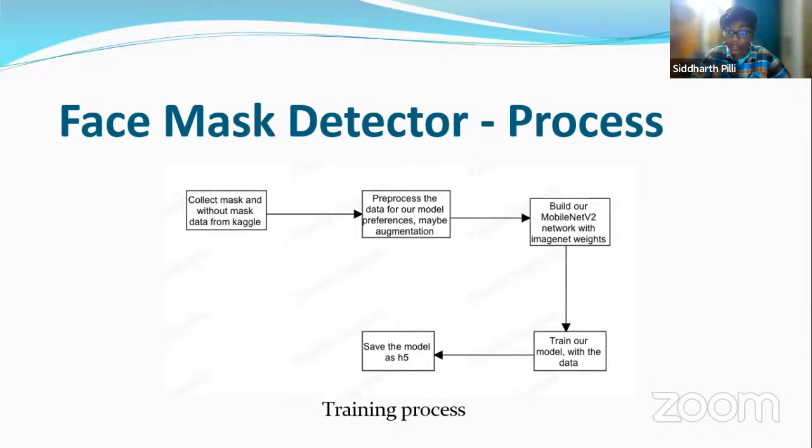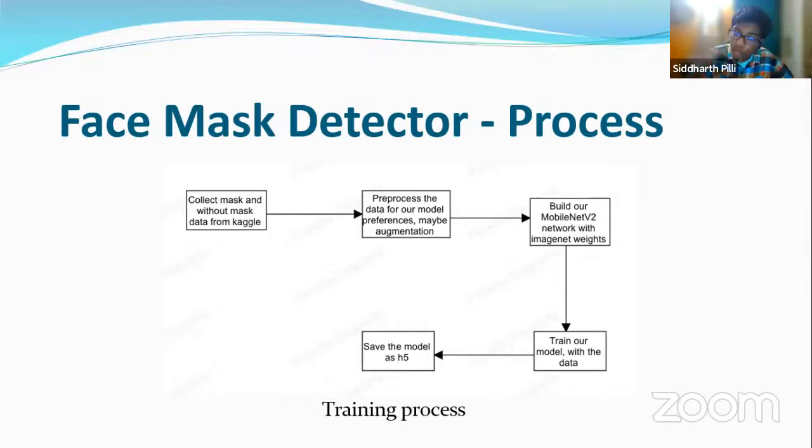And the third part is let's build our very own MobileNet v2 architecture with ImageNet weights. So there's actually this wonderful technique called transfer learning. When we train our very own models, it takes a lot of time, right? Of course. It's going to take at least 2 or 3 hours for the entire machine learning algorithm to learn.